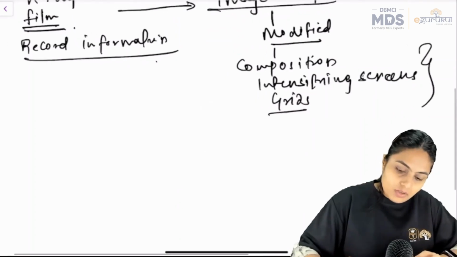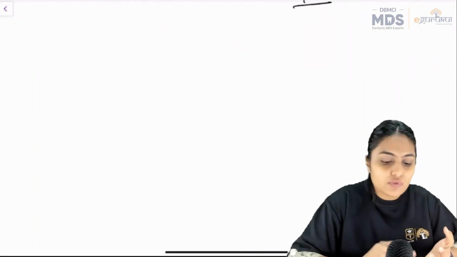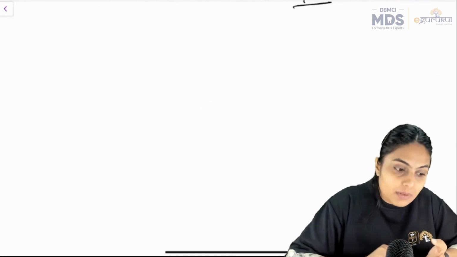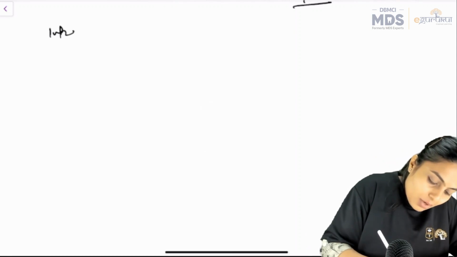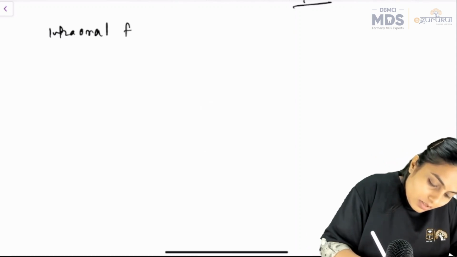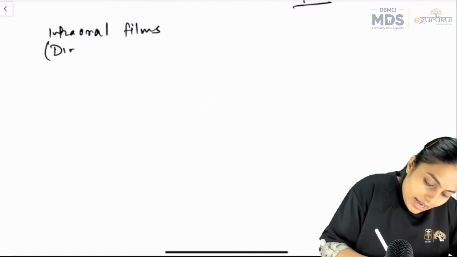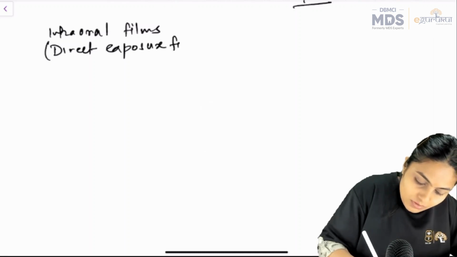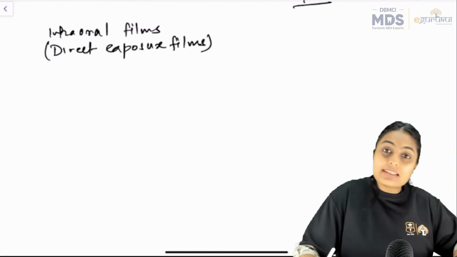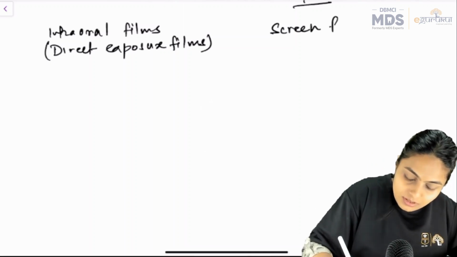Okay, so first we have two types of films that we use here. First is intraoral films, and it is also called direct exposure films. And the second one is screen films.